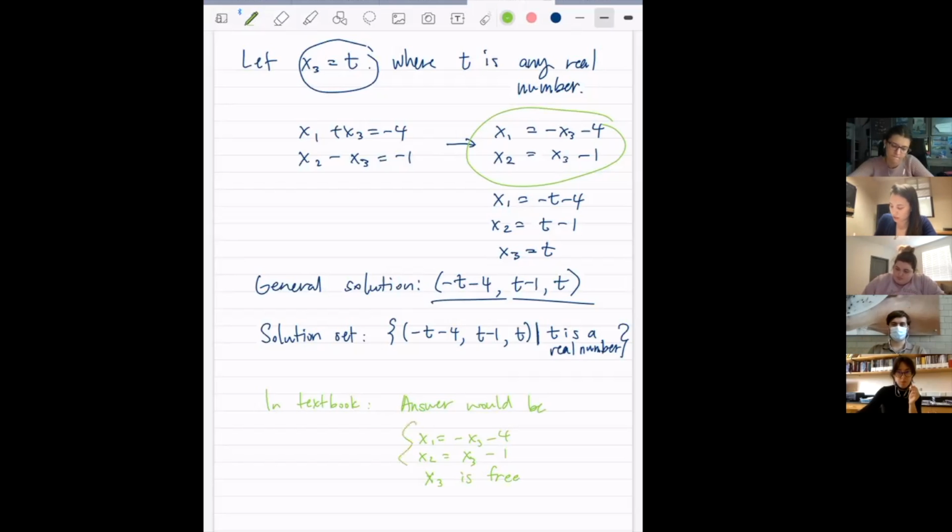So you could write your answer this way, or you could write it the way that I did. I guess the textbook doesn't do this until around section 5, which is a little strange to me, but you can do it either way. They both mean the same thing. Okay, that's just a clarification real quick.